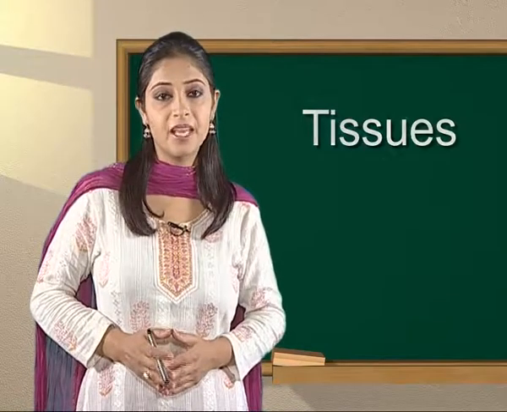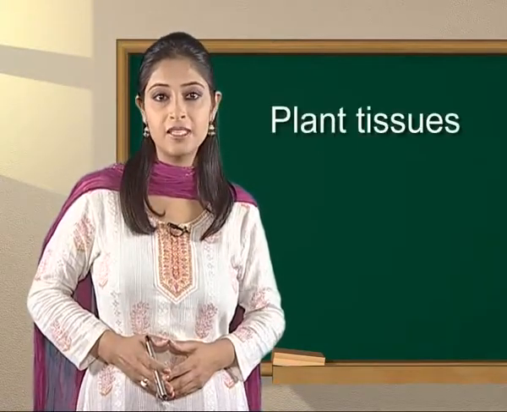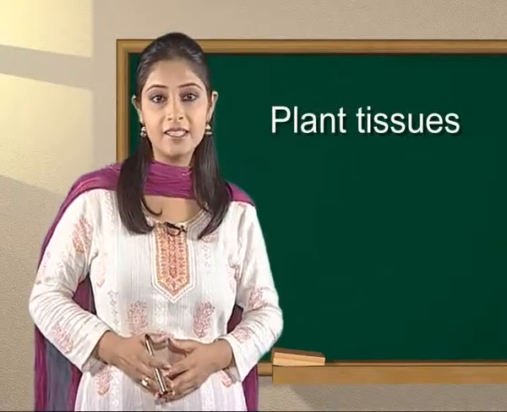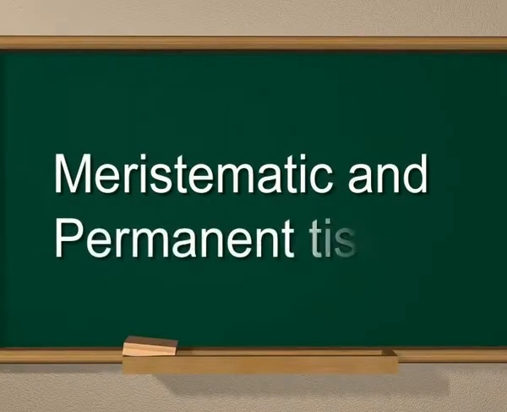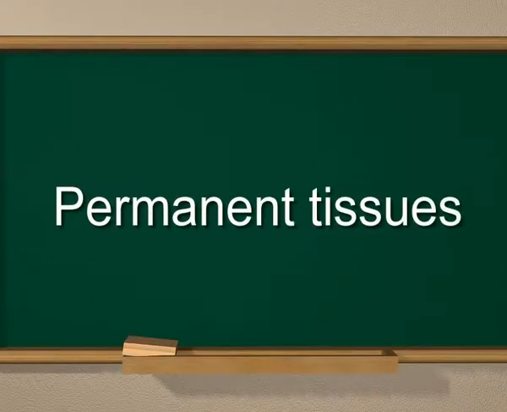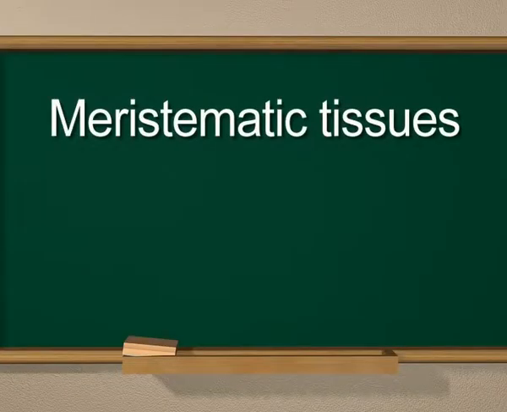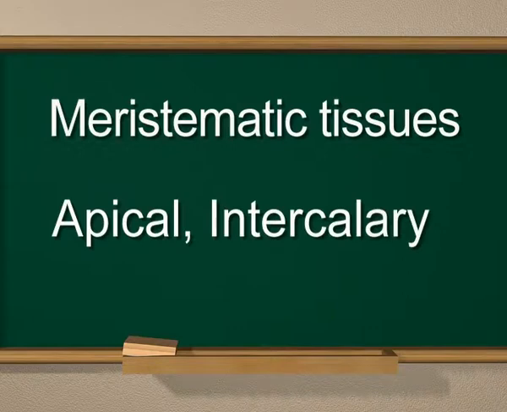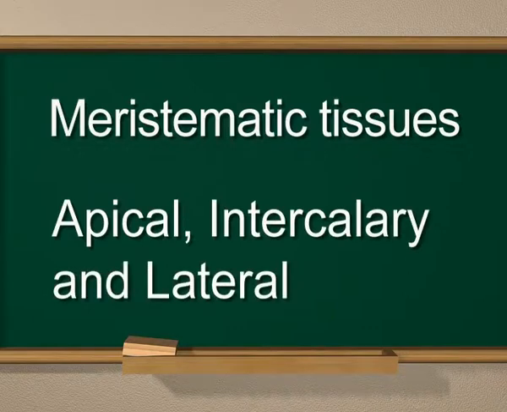If we talk about plant tissues, they are broadly classified as meristematic and permanent tissues. Cells that divide actively are known as meristematic tissues, and those cells that get differentiated and lose their ability to divide are known as permanent tissues. Depending on their location in the plant body, meristematic tissues may be apical, intercalary, and lateral.